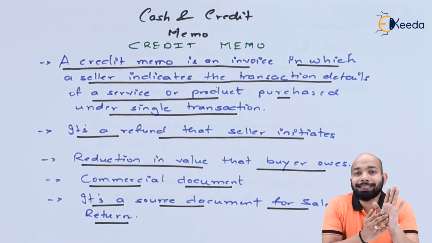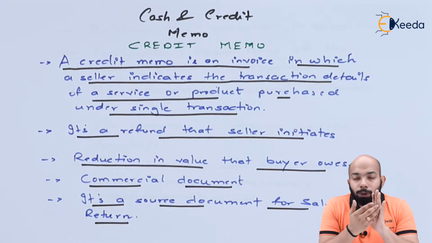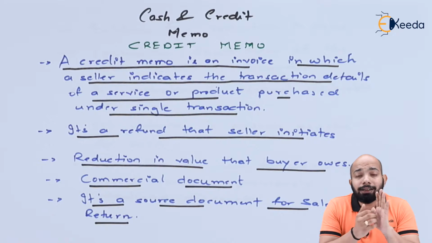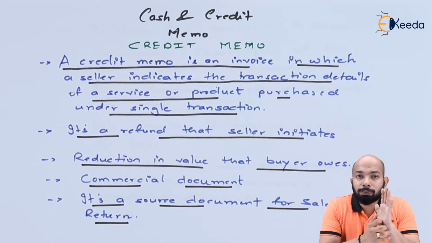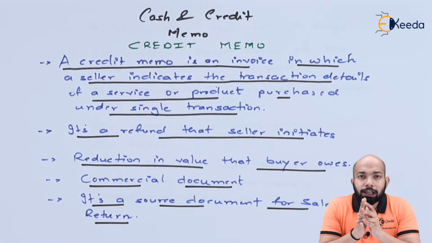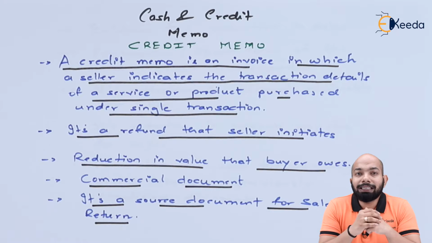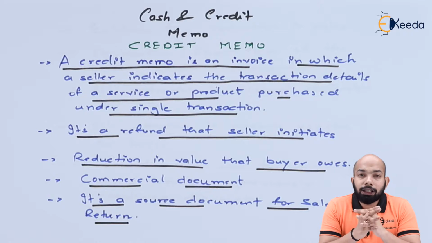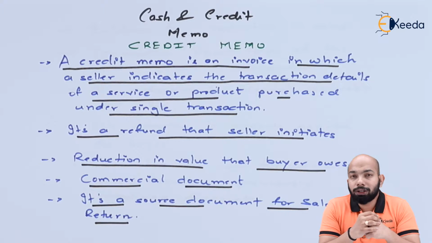So this copy will act as evidence stating that we have provided a refund of X amount to Mr. A, Mr. B, Mr. C, in regards to the specific refund that is supposed to be given for the description of goods found to be faulty. So when we talk about all such faulty items, faulty services, the refunds being given, or the specific credit memo or credit note being offered to the buyer acts as a source document for sales return. Let's look at some more details about it on the next sheet.